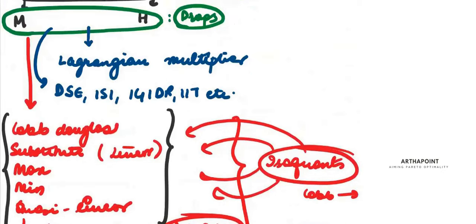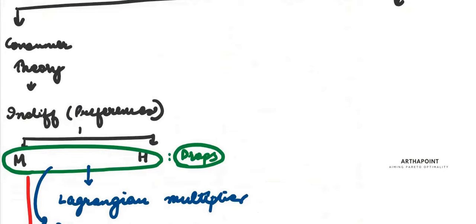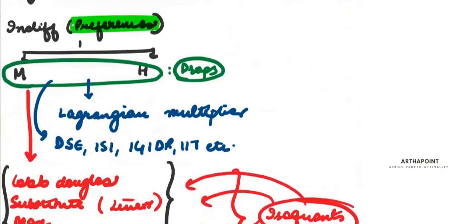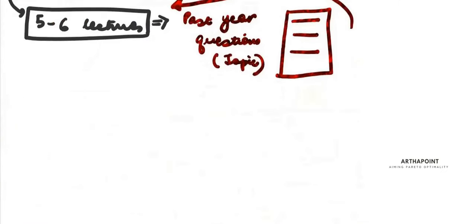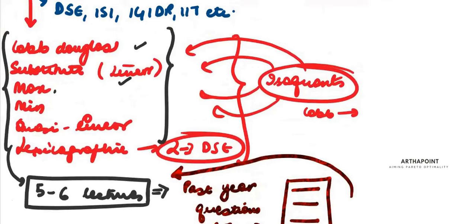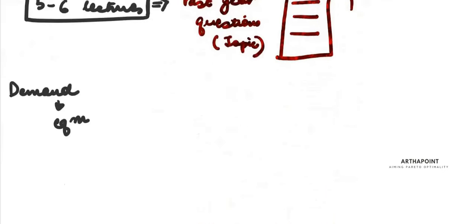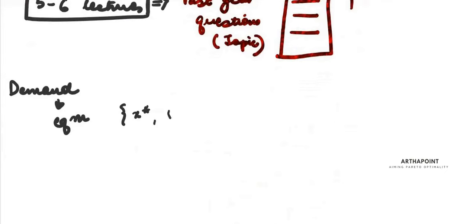So this is the first topic that I would be covering, which would be about preferences under consumer theory. Then post preferences, we will be going to a topic of demand. This is where I will be talking about how to find equilibrium for these functions, how to find that equilibrium bundle X star, Y star for different utility functions.